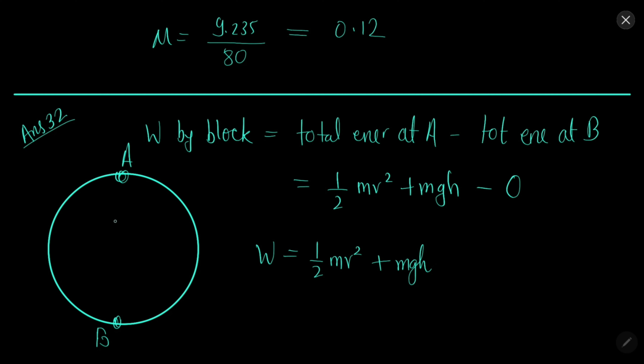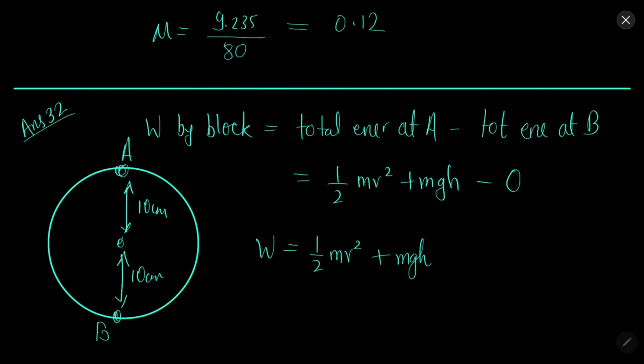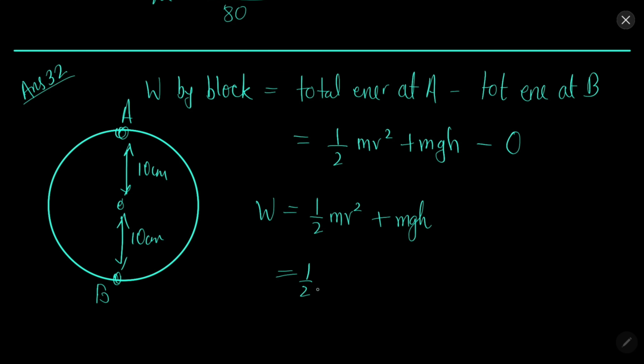Now this height h can be obtained by radius. Radius is 10 cm, so height will become 20 cm, that is 0.2 meters. So putting all the values, 0.1, then 5 square, plus 0.1, 9.8 or 10, height 0.2 meters.